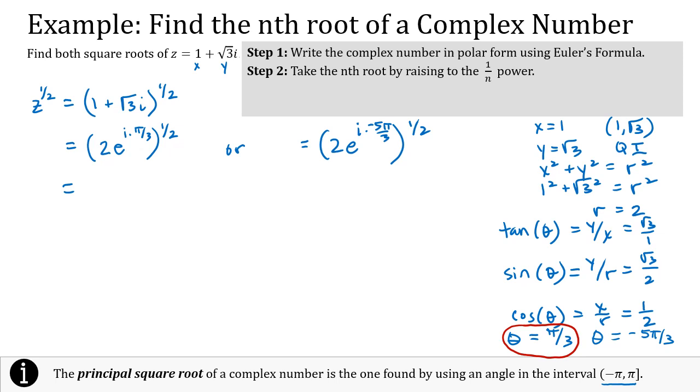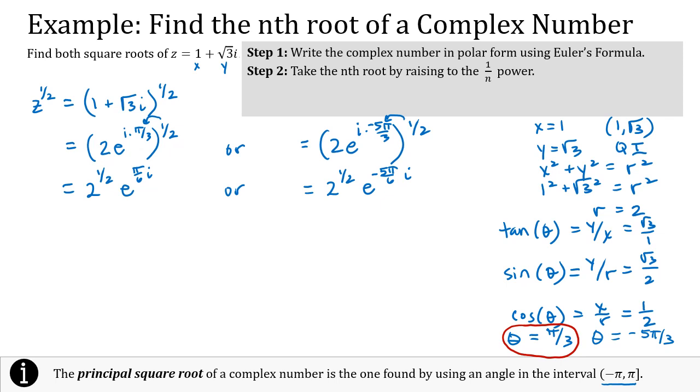And now I can distribute that 1/2 through, so I'm going to have 2 to the 1/2 power times e to the... let's see, what is 1/2 times pi over 3? That's going to be pi over 6 i. Or I'm going to have 2 to the 1/2 power, e to the, and when I multiply this one through, I get -5 pi over 3 times 1/2 is -5 pi over 6 i.